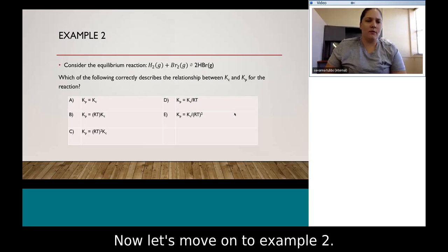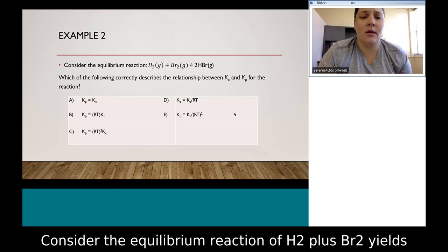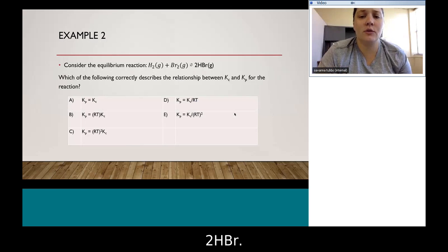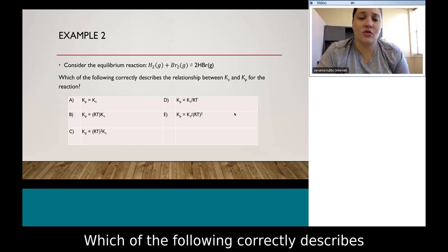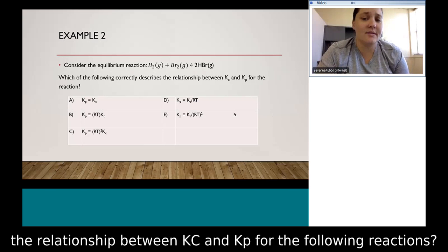Now let's move on to example 2. Consider the equilibrium reaction of H2 plus Br2 yields 2HBr. Which of the following correctly describes the relationship between Kc and Kp for the following reaction?